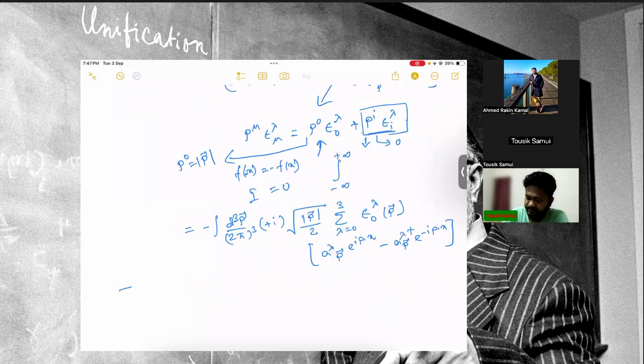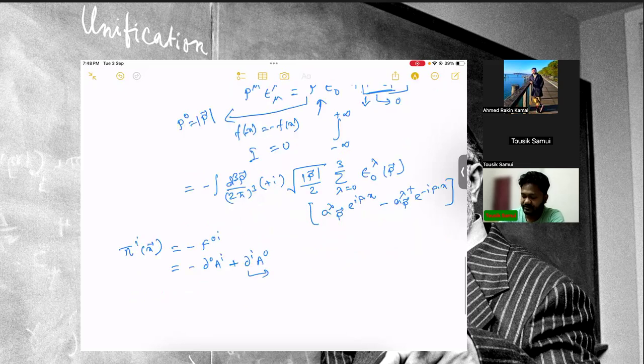Now if we write pi i x, pi i is nothing but minus del 0 A i minus del i A 0. In a similar way, this del i will give rise to p i, which will be an odd function, and then this part will not contribute.